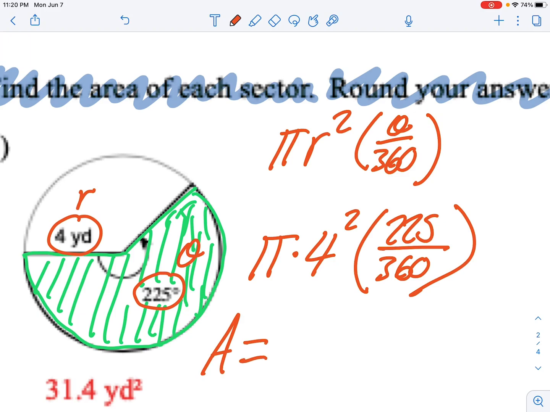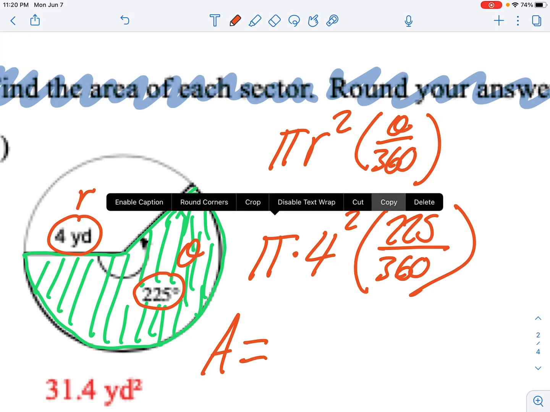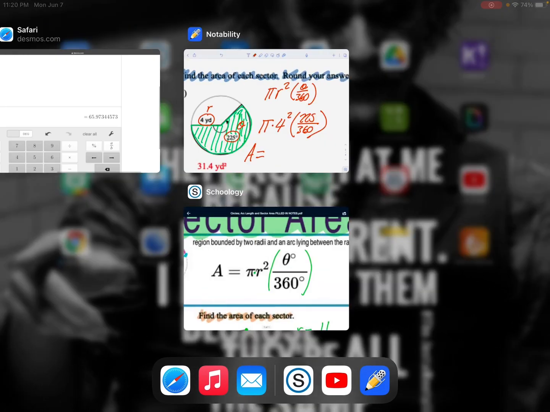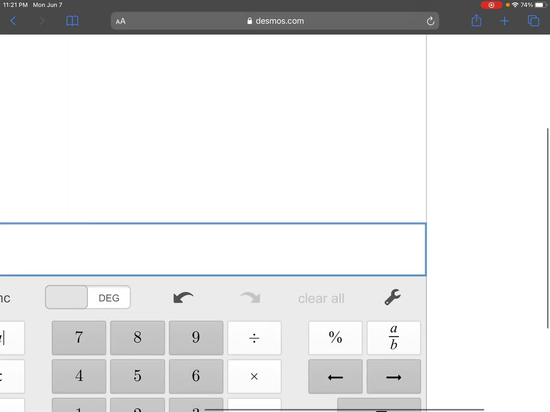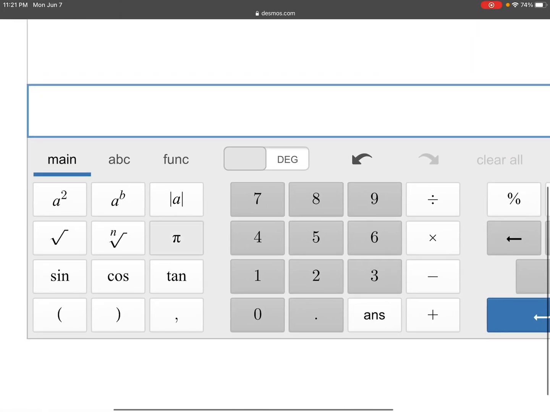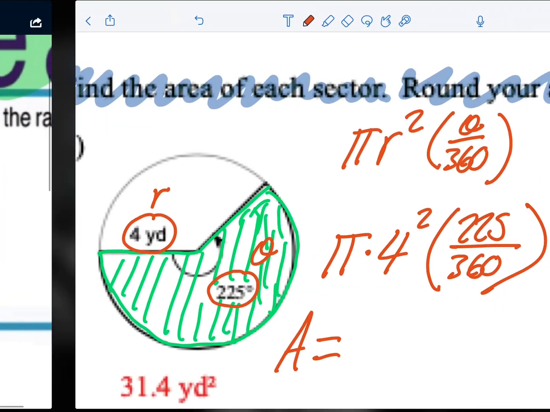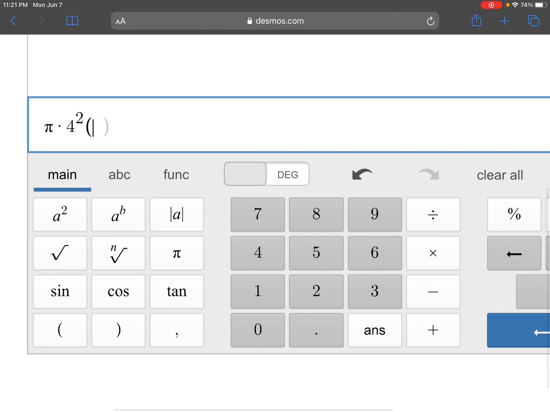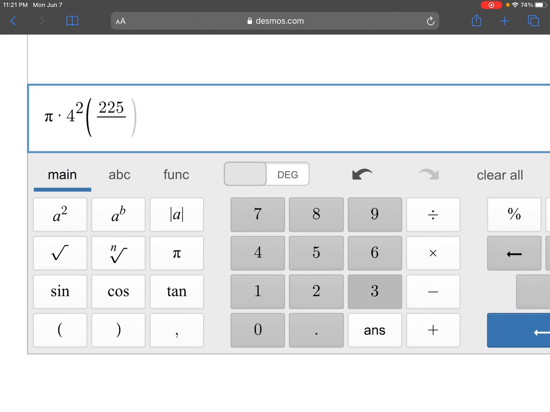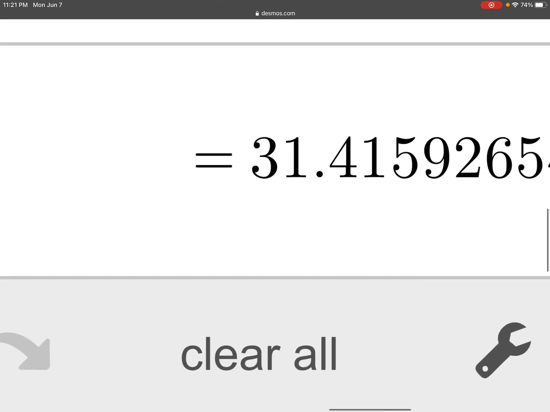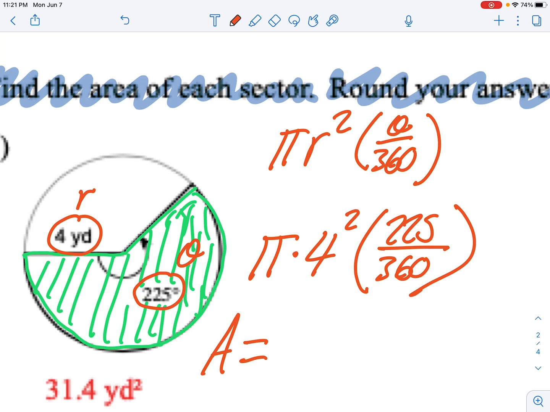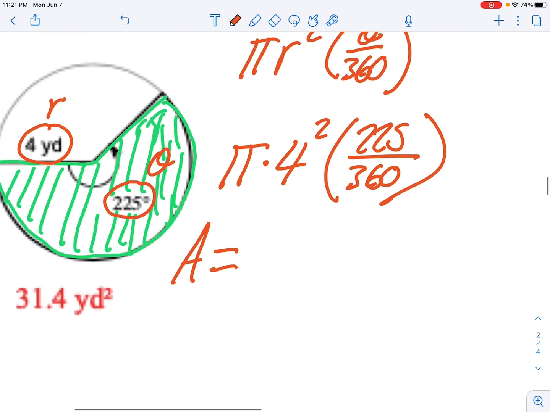So pi times 4 squared, parentheses, 225 divided by 360, and that gives me 31.4, right?